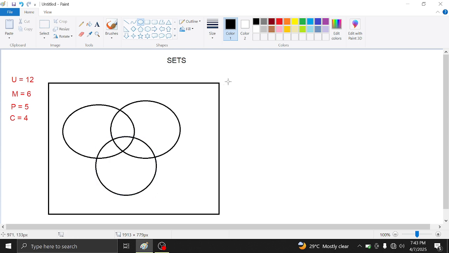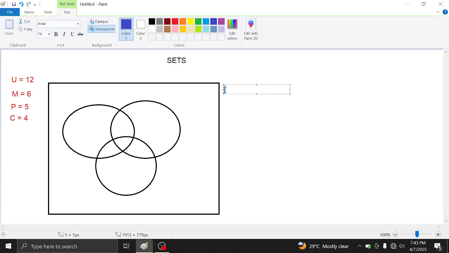So the universal set U will be represented here, and let me pick a different color for the writings, which can be clear. Let's say blue. So number of U, which is the universal set, is 12. So number of U equals 12.